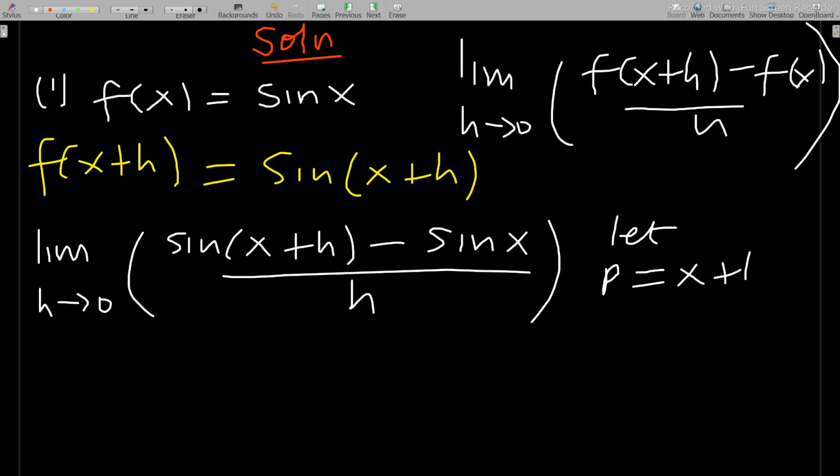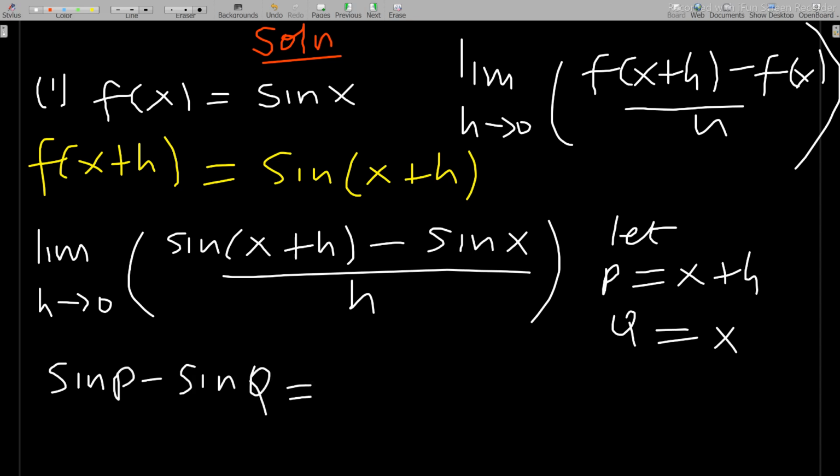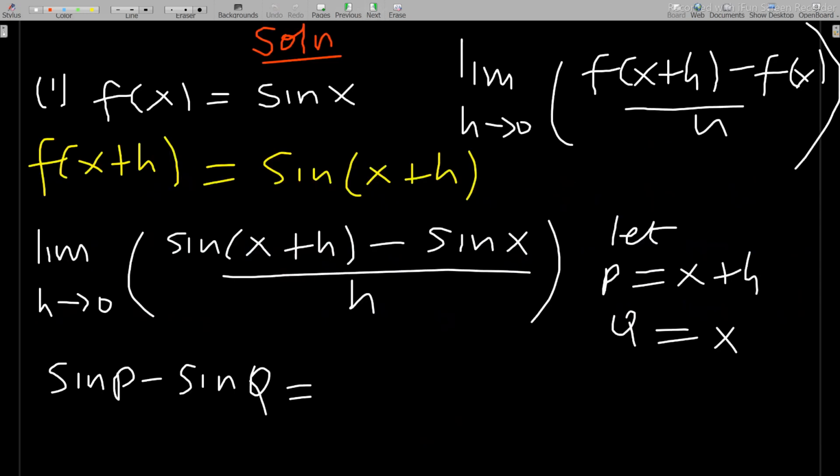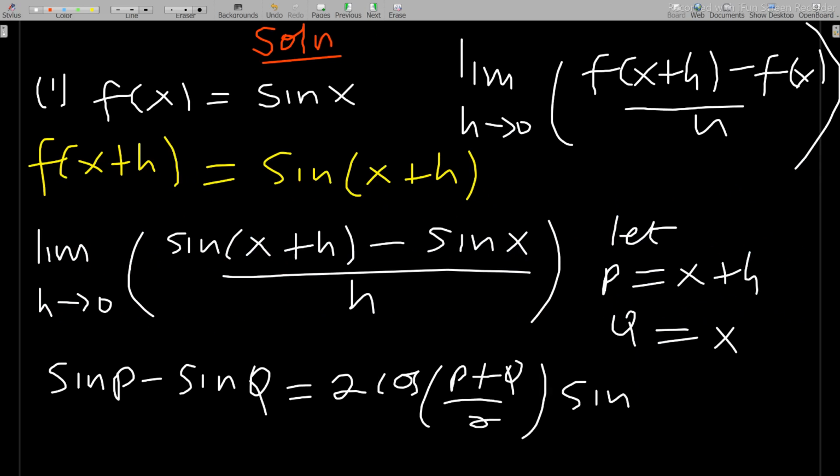Now if you let p be equal to x plus h and q be equal to x, we have sine p minus sine q. I hope you can see what I'm trying to say. So we know sine p minus sine q is equal to, you go to this identity and quote it, 2 cos of (p plus q) over 2 times sine of (p minus q) over 2.